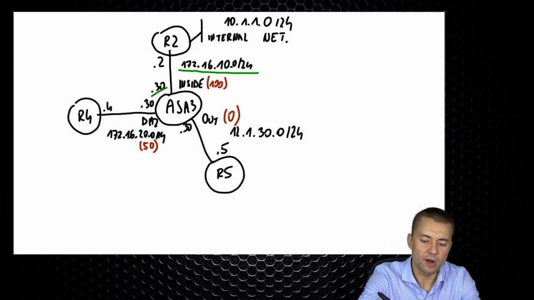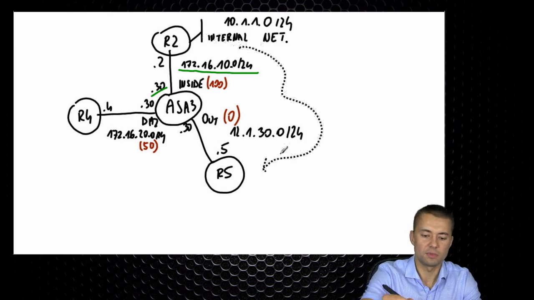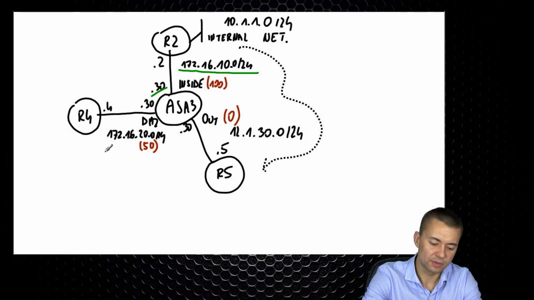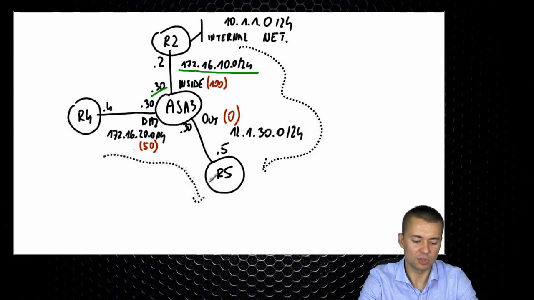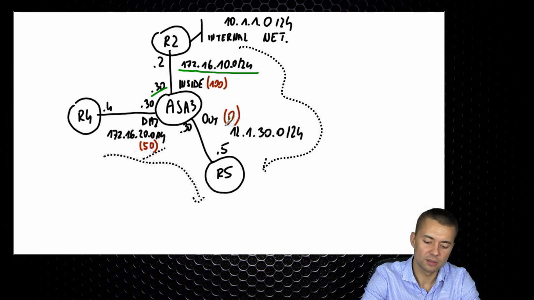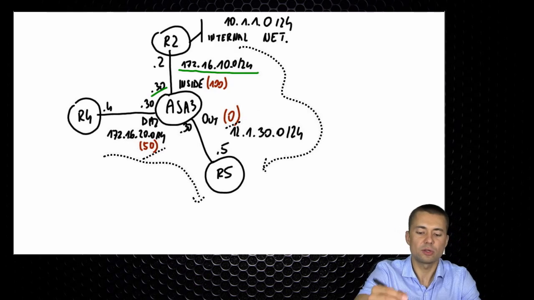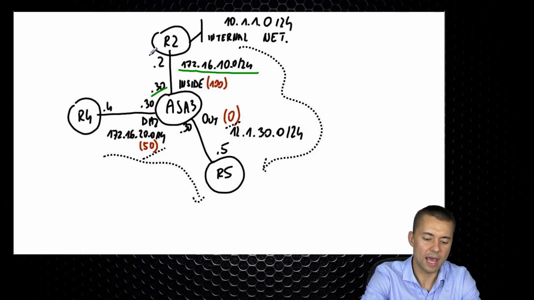Like, for example, from inside to outside, because 100 is higher than 0, so this is going to be allowed by default. Same as from the DMZ to the outside in this direction, because we are coming from 50 then to 0. But I can also, by default, access the DMZ from the inside in this direction.